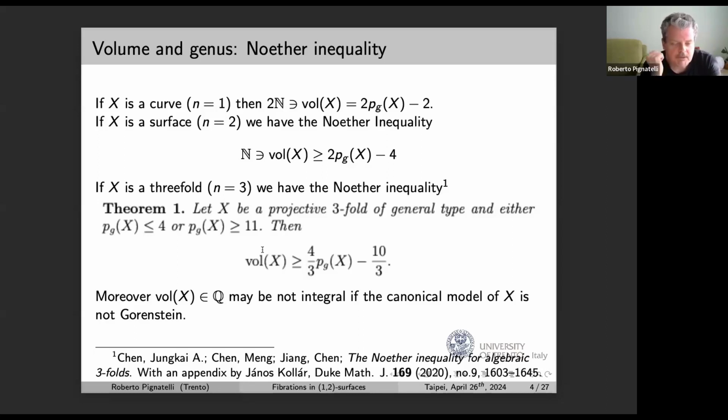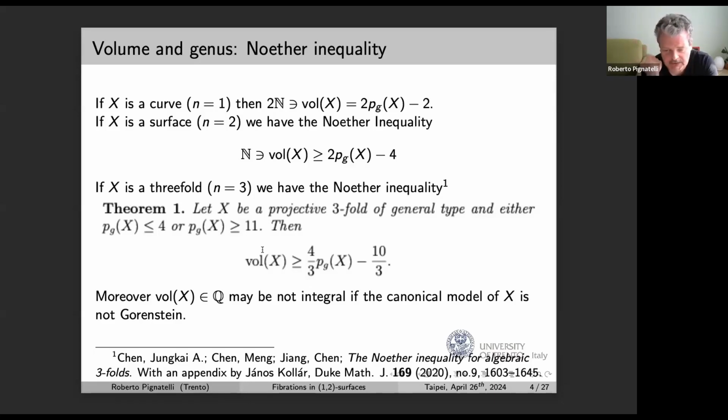There are a couple of things I want to say here. The first thing, which is important for the talk, as you have seen from the overview, is that the Gorenstein property plays a role here. And the first point is that canonical surfaces are always Gorenstein, and that's one way to say that the volume is integral.